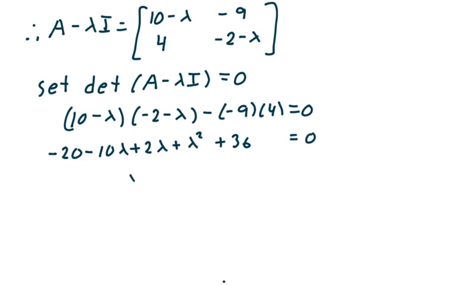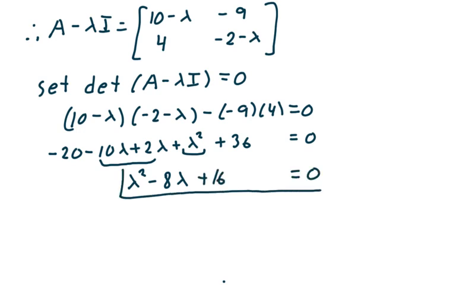And so we get lambda squared minus 8 lambda. That takes care of this term and these two terms. And then it's plus 16 equals 0. And this right here is my characteristic equation. And notice how it factors really, really nicely. And that's how you do part B.